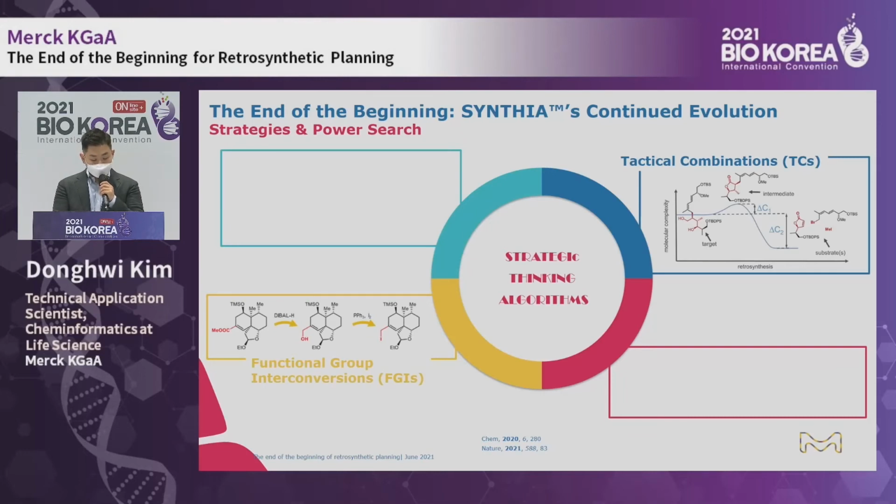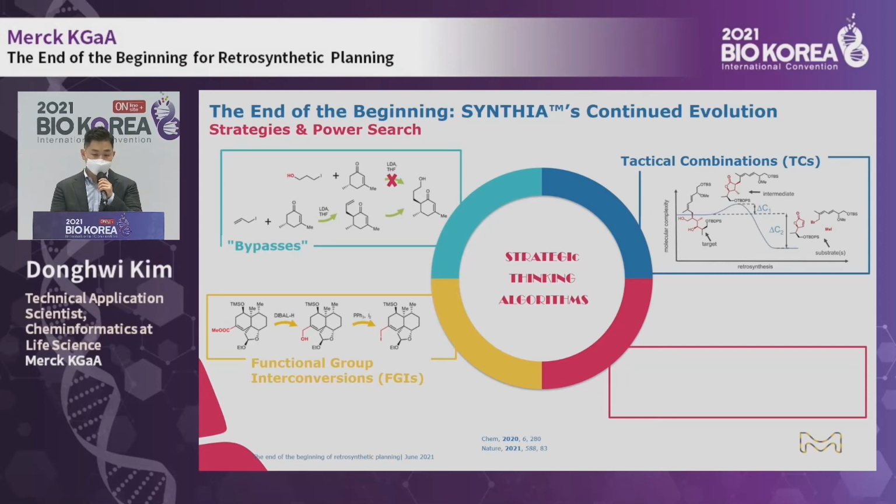The first is functional group interconversion, and that's a 2 or 3 step reaction sequence which stabilizes a highly reactive functional group along the synthetic pathway. Cynthia knows about 100 functional group interconversion sequences like this, based on the analysis of several thousand classic total syntheses from the literature.